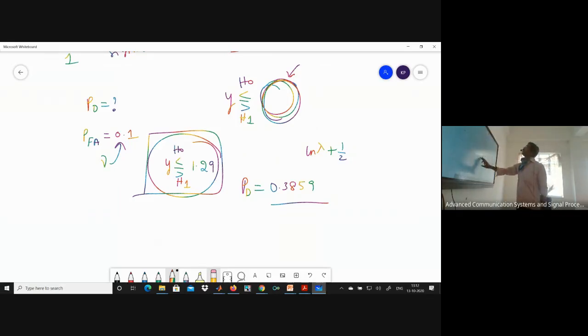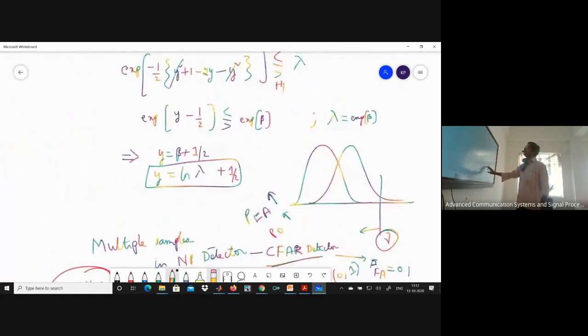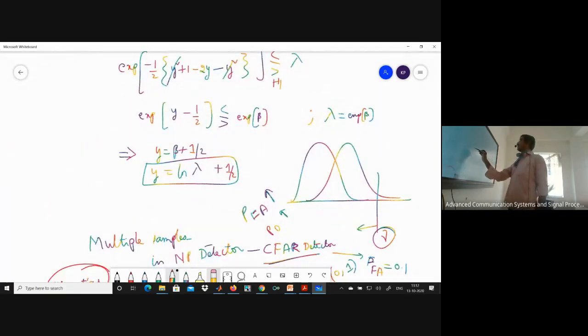If you would like to go with the conventional method, we should know what ln of lambda is. This lambda is a parameter that we calculate from the probability of false alarm, which means from it we get the gamma.